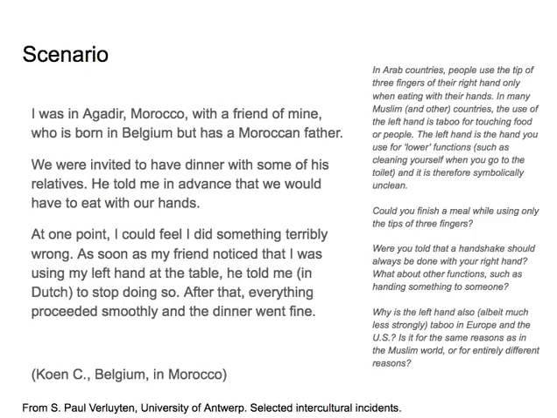Another scenario, from Morocco. I was in Agadir, Morocco with a friend of mine who was born in Belgium but has a Moroccan father. Invited to dinner, he told me in advance we would need to eat with our hands. At one point I could feel I did something terribly wrong. As soon as my friend noticed I was using my left hand, he told me in Dutch to stop immediately doing so. After that, everything went fine.